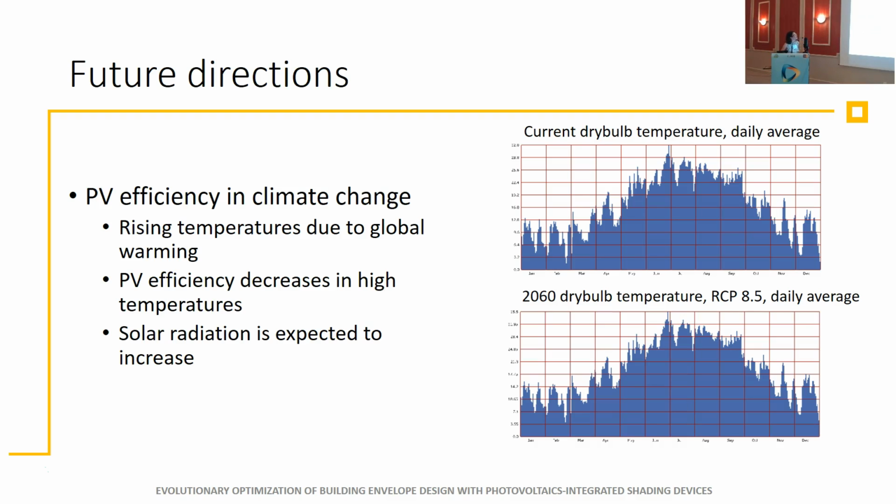You can see to the right the daily average dry bulb temperatures for the current weather files and the 2060 weather files under the 8.5 climate change scenario. Probably it's not very visible, as you cannot horizontally compare these bars, but there is a drastic difference that we will experience in the following 45 years. A 5-degree difference is expected in Ankara.